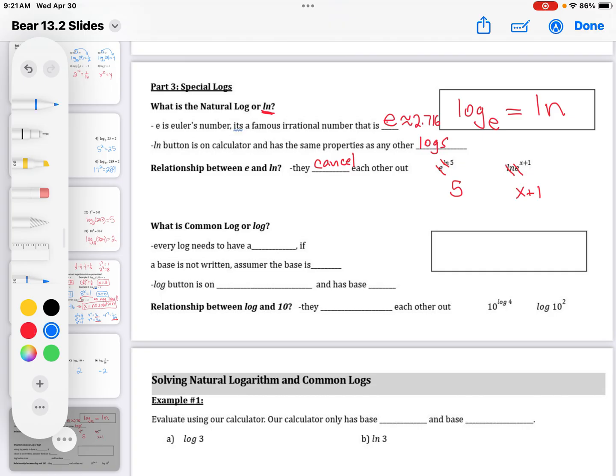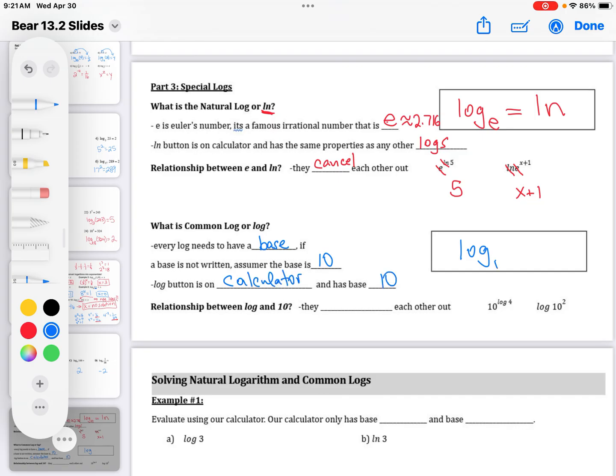Another example of a special log is the common log. Every log needs to have a base. So if a base is not written, we're going to assume the base to be 10. So if you see the log button on your calculator, it has a base of 10.